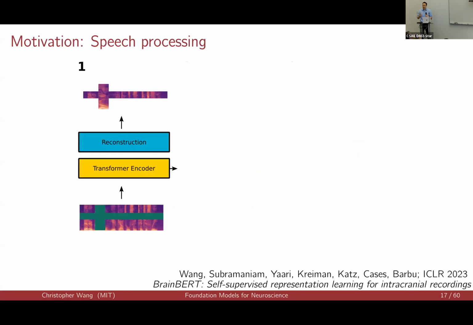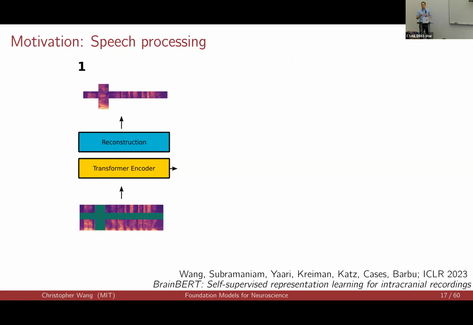BrainBERT is inspired by what has been successful in the worlds of speech and audio modeling. And there, basically all of these state-of-the-art speech models today work according to this template. There are two stages. In the first stage, a pre-training stage, the model is trained over a large amount of unannotated, unlabeled data. And since there are no labels, we train using self-supervision.